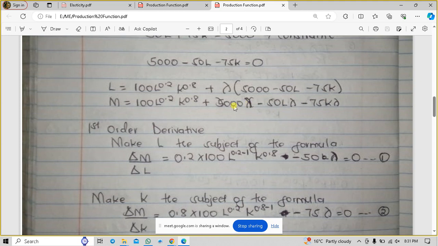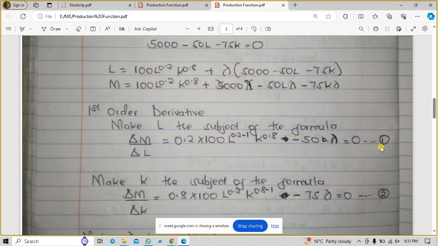In the constraint function, we ignore the 5000 mu, we ignore the minus 75K mu as well, and then we say is equal to 0. That is our equation number 1. I want us to go to equation number 2 and equation number 3, and then if you have a question you can ask.